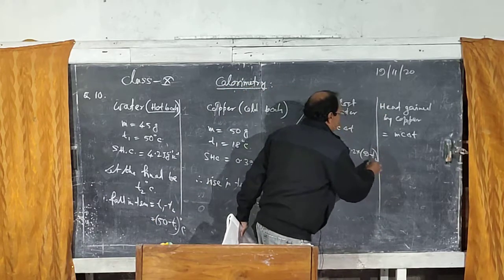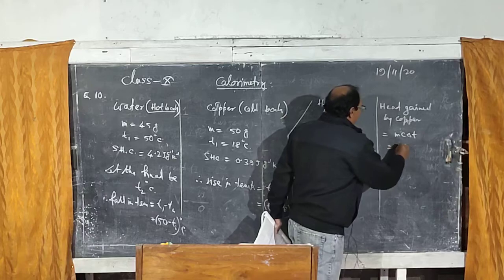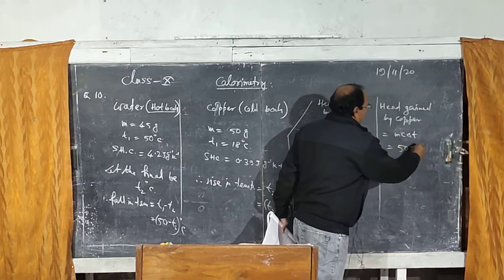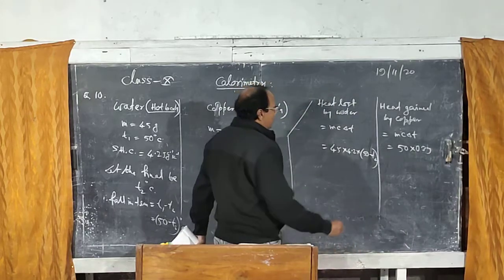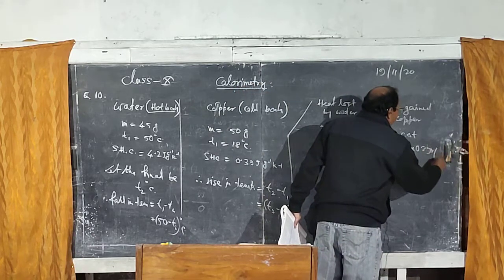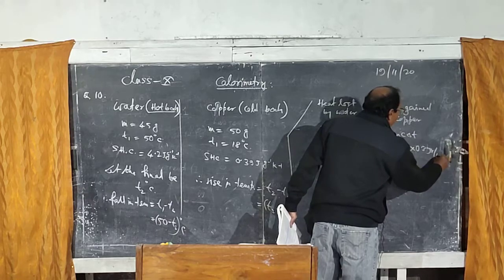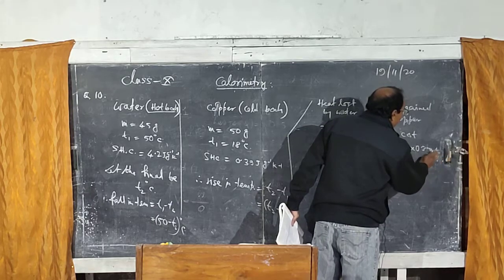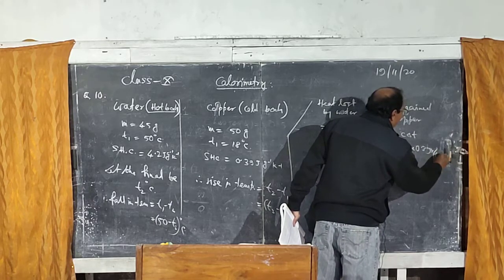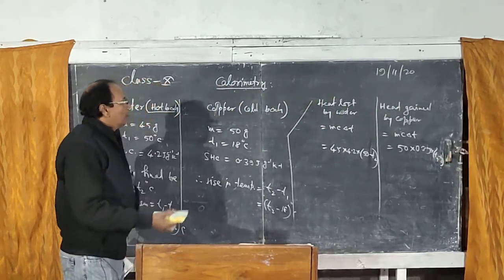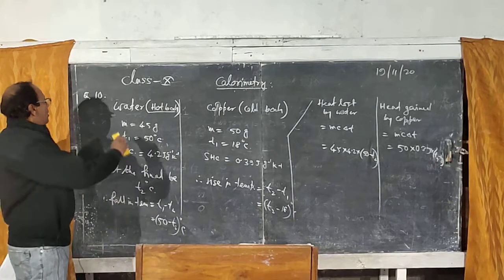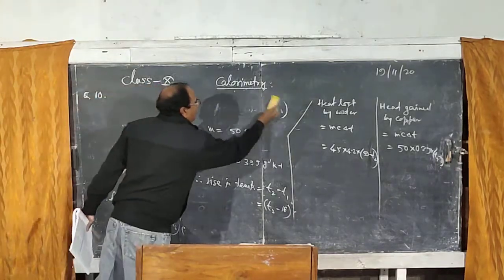Okay, and here m is equal to 50 into C 0.39 into T2 minus 18. Okay, now we will go for the main part of this question according to principle of calorimetry.